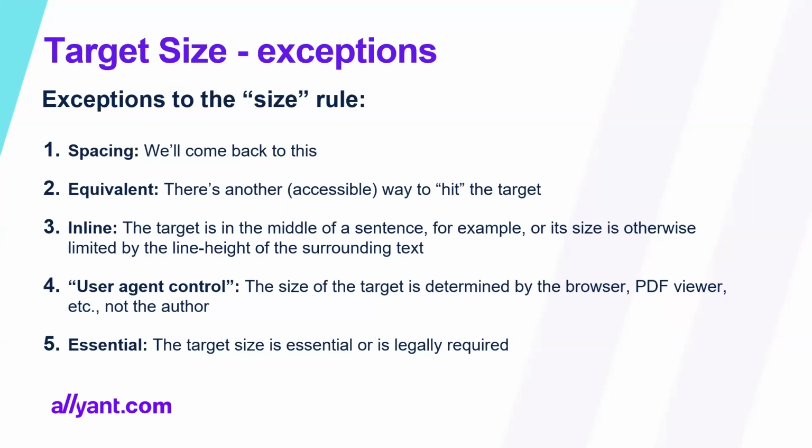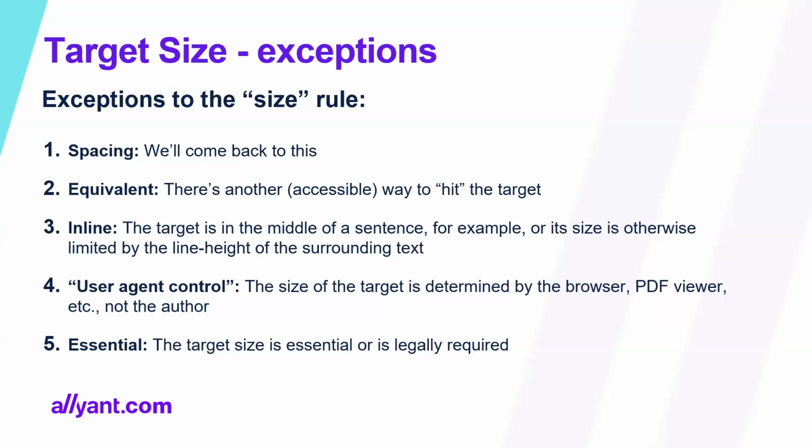Because the tiny superscript number 1 pointing to the footnote at the bottom of the page, its size is limited, for example, by it's in the middle of the sentence, and the size might further be limited by if we got single spacing or 1.5 or whatever the spacing is in the document, for example. So the inline exception may be where footnote or endnote references come into play.